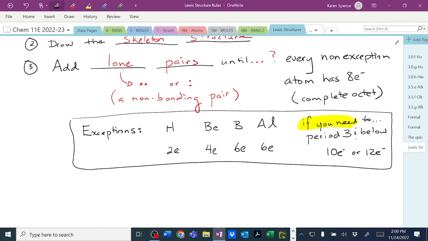What do we do in step 4? Count. Yes, count the electrons and check if it matches your original number.